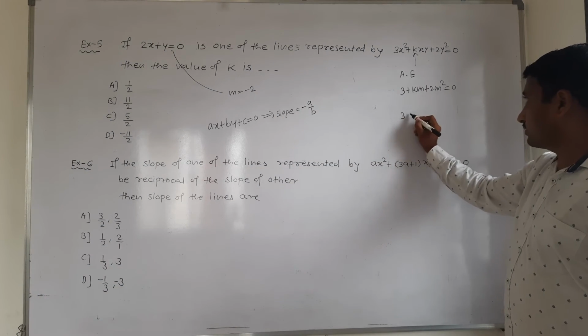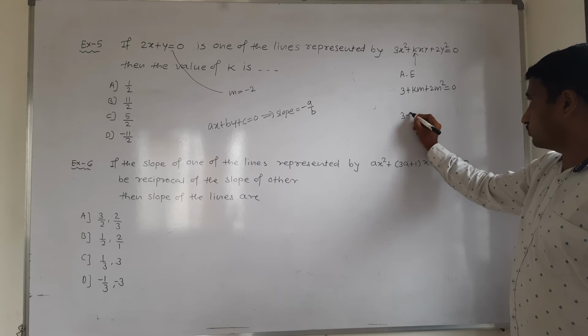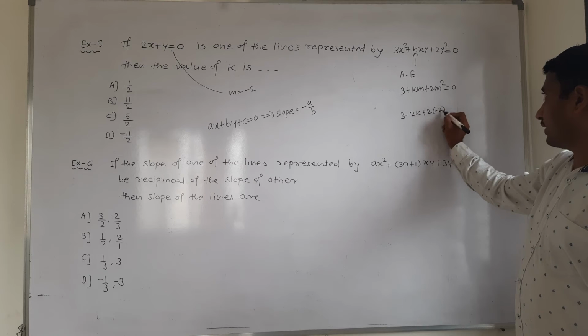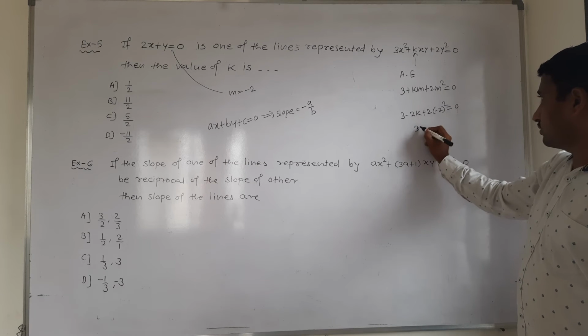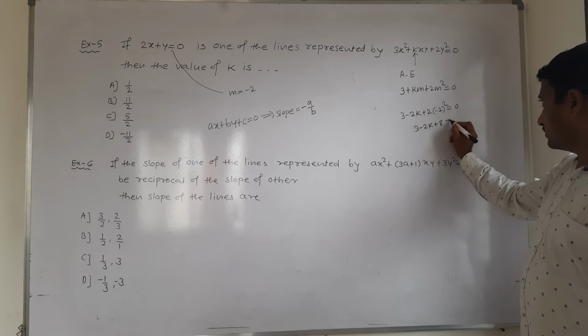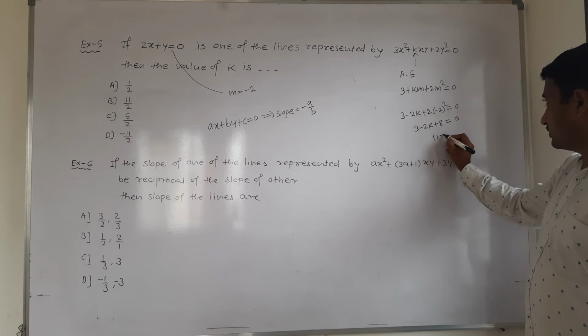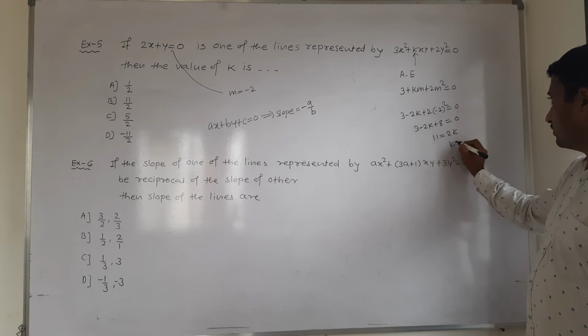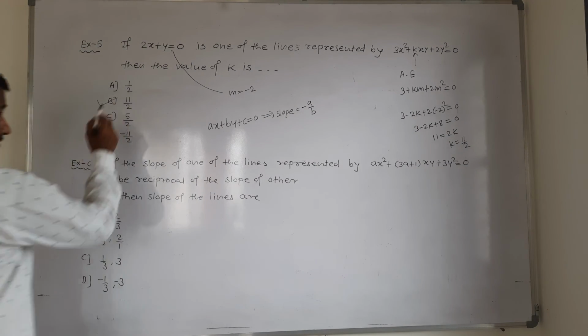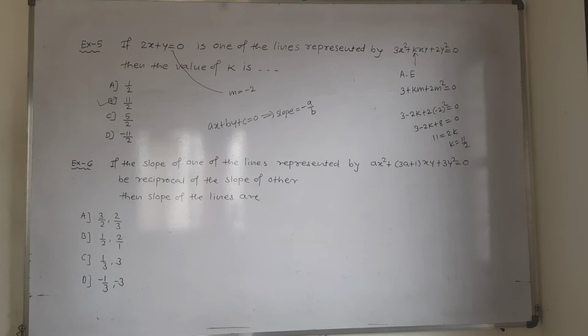Put m is equal to minus 2: 3 plus k into minus 2 plus 2 into minus 2 square is equal to 0. 3 minus 2k plus 8 is equal to 0. 3 plus 8 is 11, equal to 2k, k is equal to 11 by 2. B option, k is equal to 11 by 2.